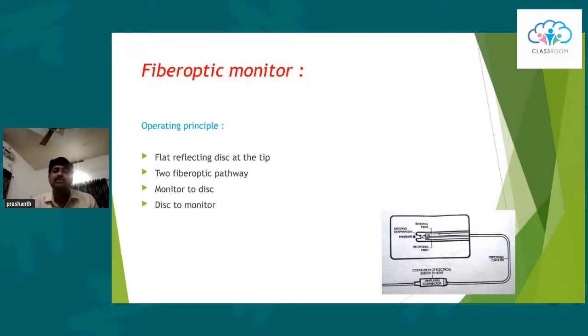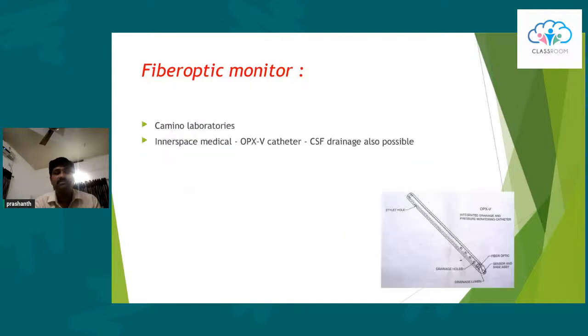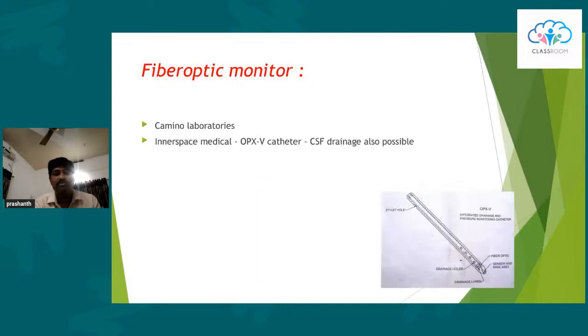So this is a relatively non-invasive technique which can be used to assess the ICP. So this is based on pulsatility index. So we actually calculate the pulsatility index, and you use a formula to derive the approximate ICP. However, the values that are derived from this formula, this 10.93 into PI minus 1.28, is not accurate, but it has been validated in several studies.